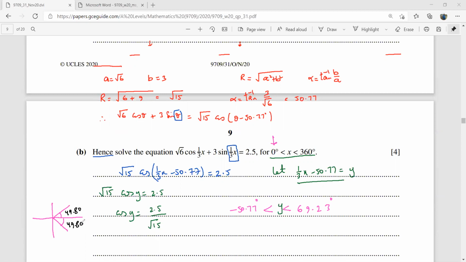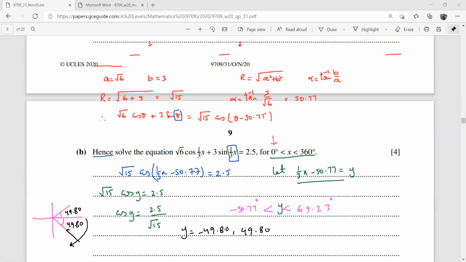So you have to decide now, can we have our first angle as minus 49.80, because we can go up to here, up to minus 50.77. So yes, the first value of y is going to be minus 49.80, and then there is also 49.80. So these are the two values of y.